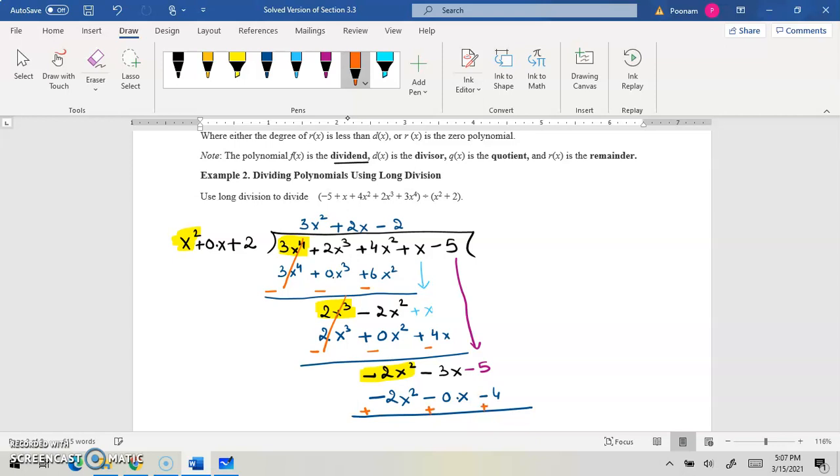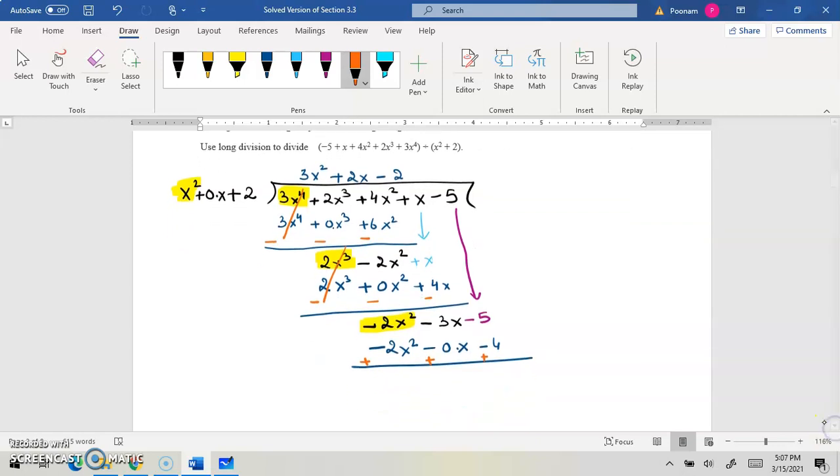All are negative, they become positive. So, this cancels. Negative 3x plus 0 would be negative 3x. Negative 5 plus 4 is negative 1. Now, if you notice, this is left. We don't have anything more to take down, and the degree of this is less than 1. So, that means this is your remainder.